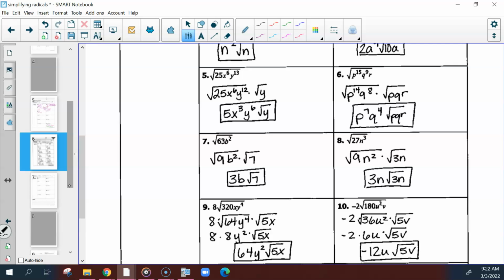To answer your question, this only has an exponent of 1.